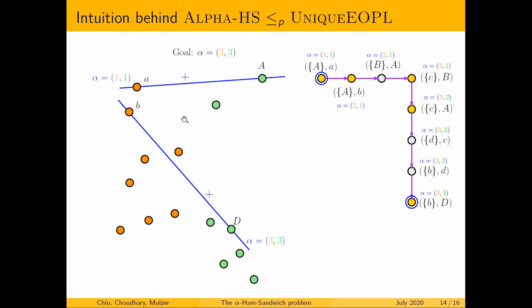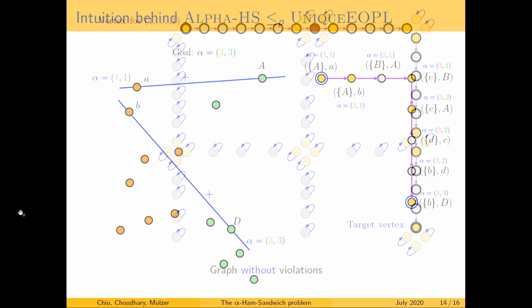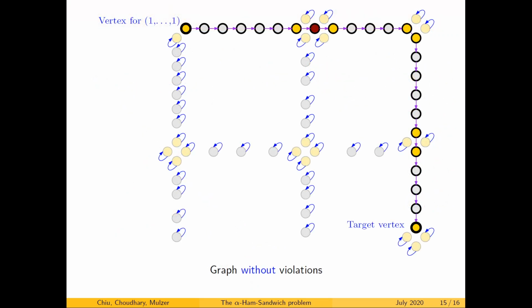So essentially, we have gone from this line to this line by a series of local changes which involve rotations, and that is equivalent to taking a path in this graph. This is a start vertex and we want to go to the sink vertex by a series of local changes. More generally, the graph looks like a grid graph.